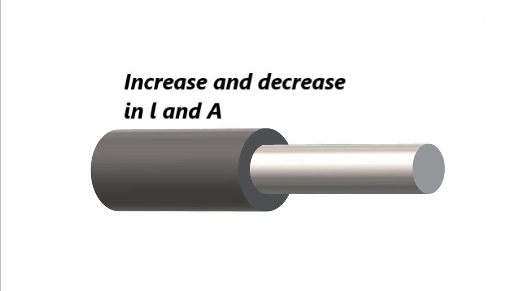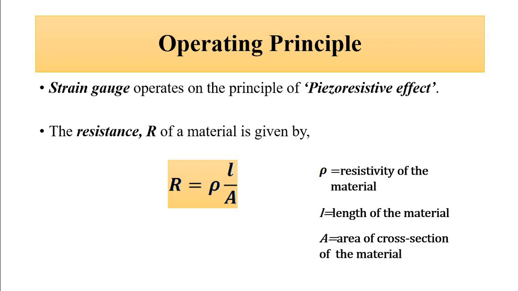So here the resistance is directly proportional to the length, directly proportional to the resistivity, and inversely proportional to the cross-sectional area. So when area increases, resistance decreases, and when area decreases, resistance increases.